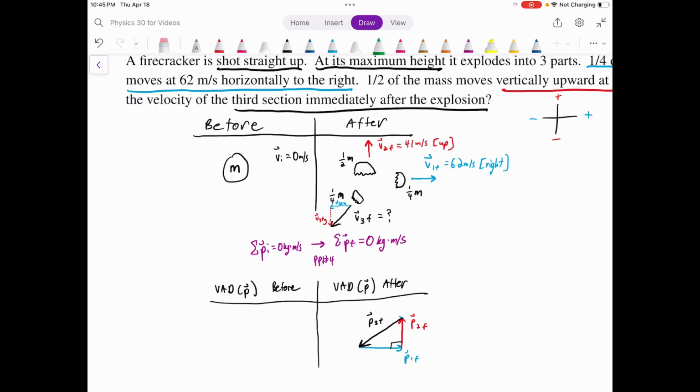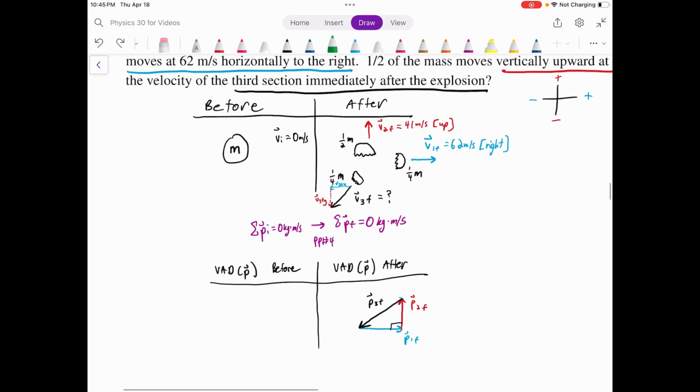And notice, right, we're doing the same thing with the x component, which we'll get from conservation of momentum in the x-axis, and the y component, which we can get from conservation of momentum in the y-axis. We'll have two sides of this triangle. Then we can use the Pythagorean theorem to get the hypotenuse. And finally, trigonometry to get the actual direction, because they asked for velocity, not speed. So we do need to give direction because velocity is a vector.